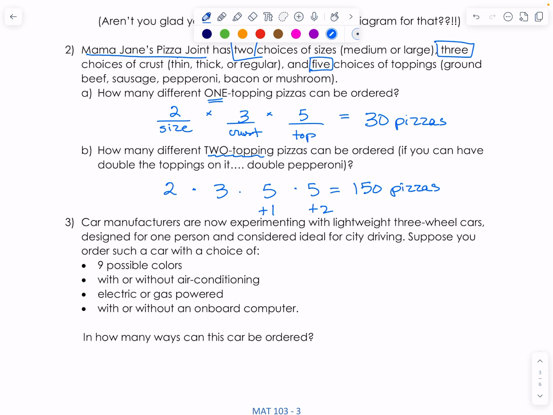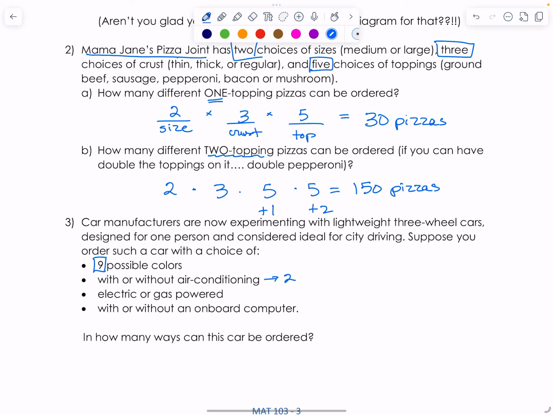So now let's say you are working for BMW. They're experimenting with their lightweight 3-wheel cars designed for 1 person, and it's considered ideal for city driving. You want to order one of those cars, so let's talk about how many ways you could order that car. You've got 9 colors. You can have with or without air conditioning, so 2 choices there.